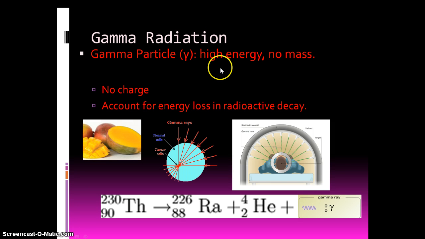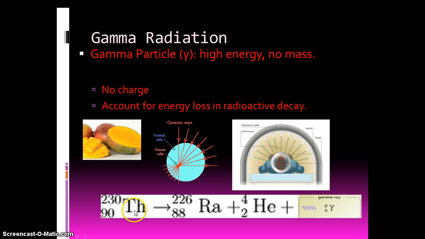So gamma radiation is basically just any extra energy that's given off during radioactive decay. A lot of times, it's what's used in the radiation for cancer treatment, as you can see here. So they target cancer cells with gamma radiation. It's used to sterilize food or fruit, things like that.